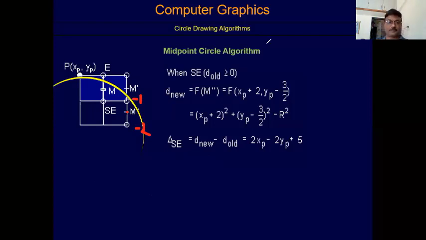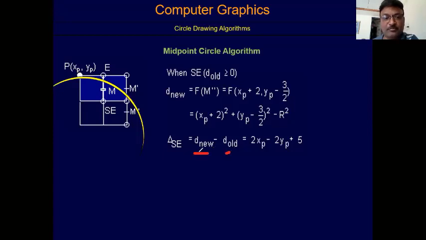Now proceed. Once you have solved, put this in your equation. What is the equation of the circle? x square plus y square minus r square. So I have put xp plus 2 whole square plus yp minus 3 by 2 whole square minus r square. Now, what is your d old value? You have already calculated it as 1.25 minus r. That d old value you have to subtract from d new.